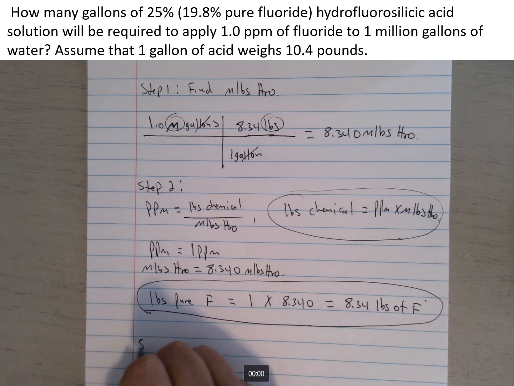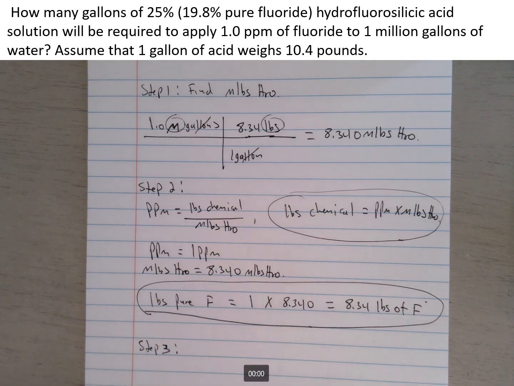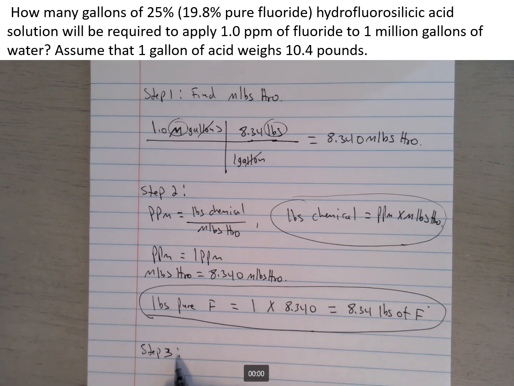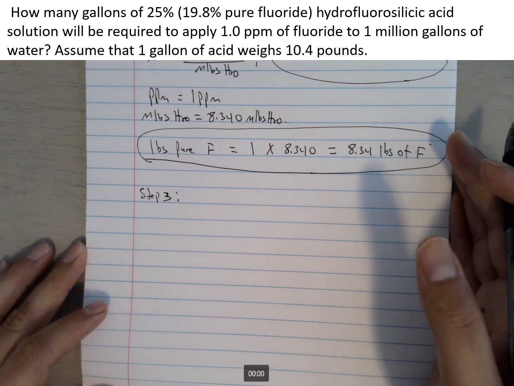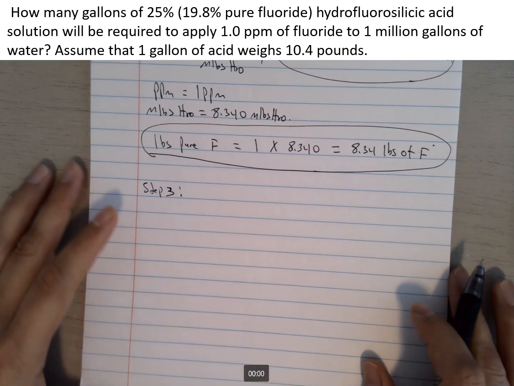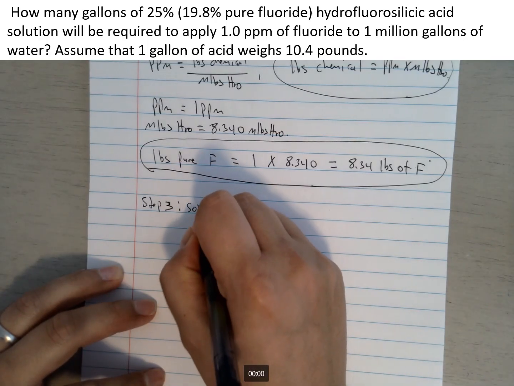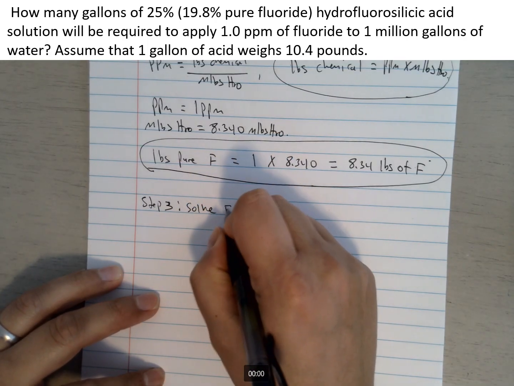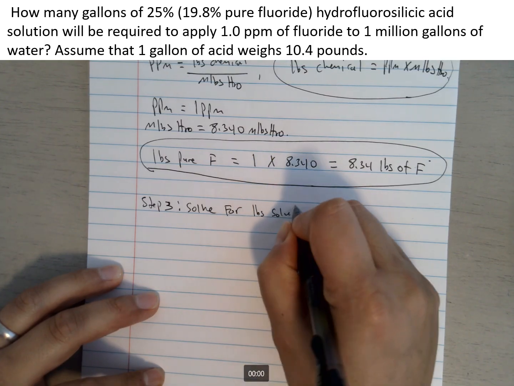Our next step, step 3, is to find how many pounds of the solution we need in order to convert that to gallons and be able to know how many gallons we need to add to achieve that concentration of 1 part per million. So we want to solve for pounds of solution.